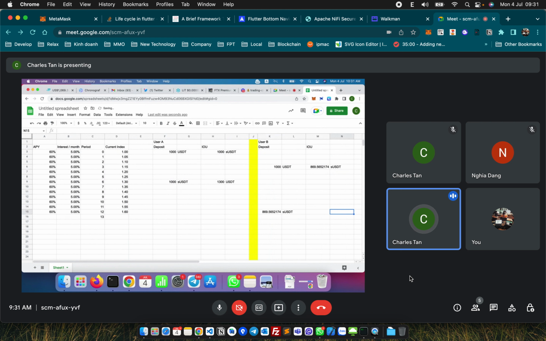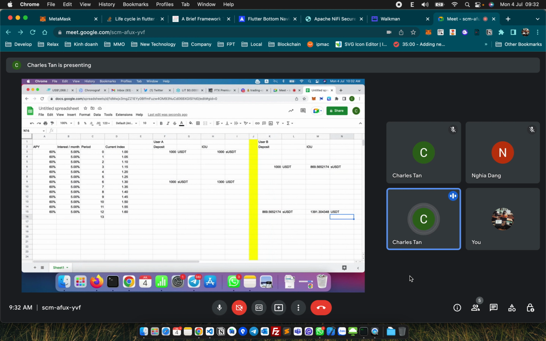He puts it into the unstaking contract, and then the unstaking contract calculates how much he's going to withdraw by taking his SUSDT balance multiplied by the current index, and there you go. That's how much USDT user B should be able to claim from the system.